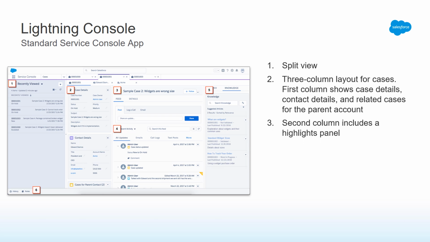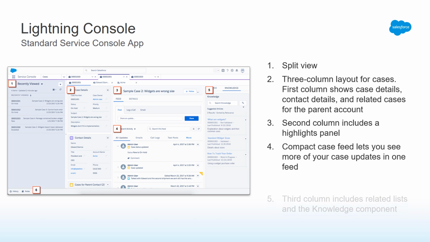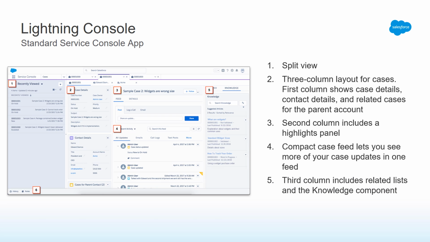In the second column, the Highlights panel is in front and center. The compact case feed lets you see more of your case updates. In the third column, see related lists and the knowledge component. Service Console apps include a pre-configured utility bar with history and notes if Enhanced Notes is enabled.